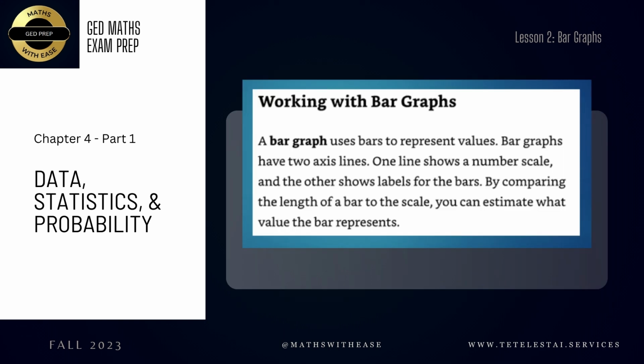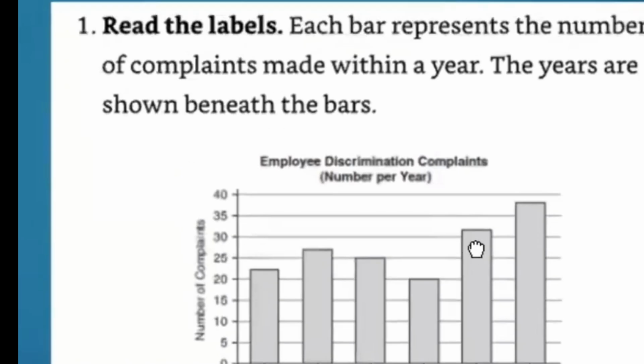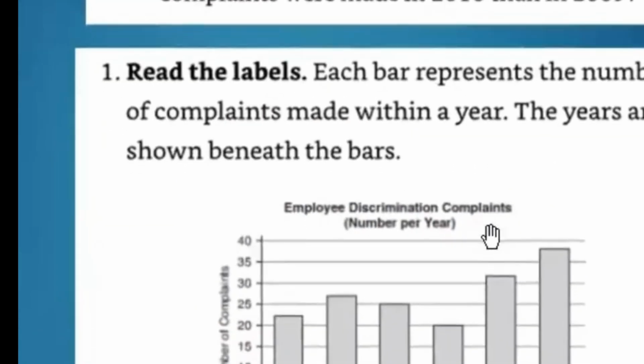So in this example, we're being told that a national corporation made a bar graph to show the number of discrimination complaints made by employees during a 6-year period. About how many more complaints were made in 2010 than in 2009? So let's zoom in. You can see this a little bit better. So you want to start by reading the label.